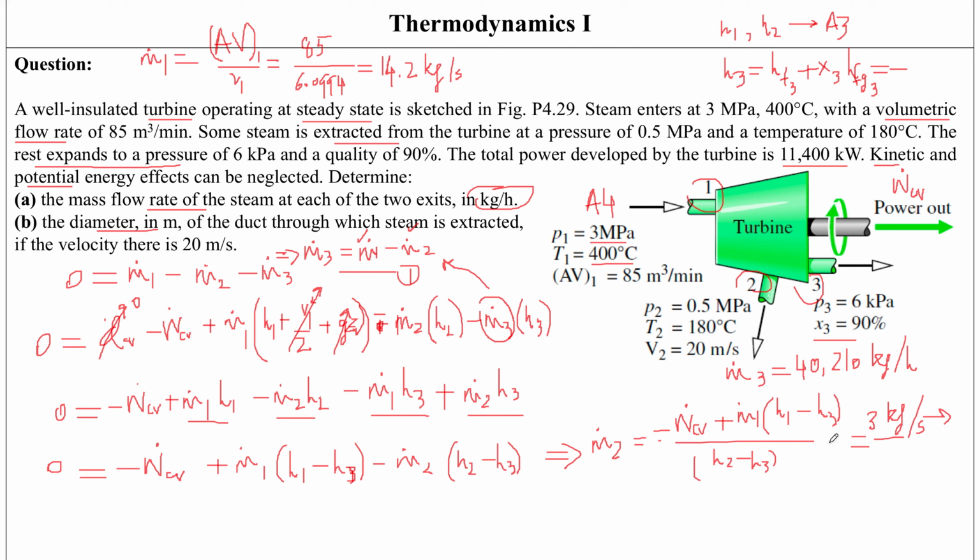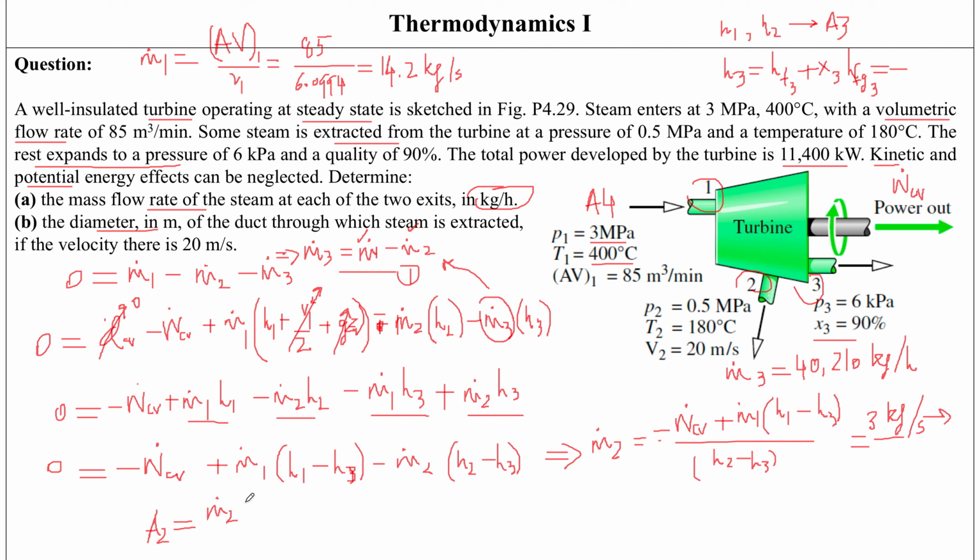And we also need to find out the diameter now. So through which the steam is being extracted, and we're extracting the steam at state 2. Okay, so we need to find out the diameter here. And to do that, we're going to do it like we saw in the previous question. We find out the area at 2, because the mass flow rate information at 2 is given to us.